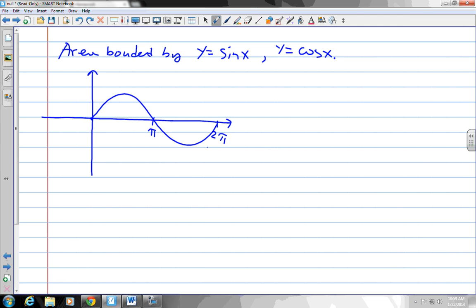So this is the sine curve, and the cosine curve is what? We have pi over 2, and 3 pi over 2 as zeros. So it's like that, right?